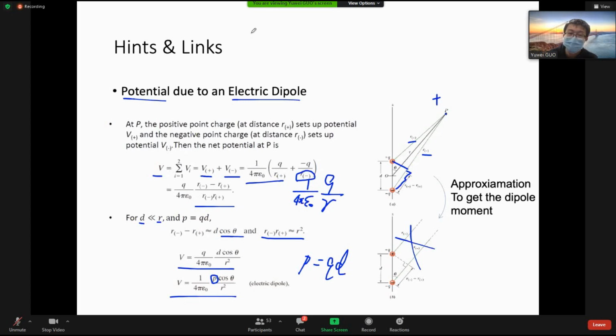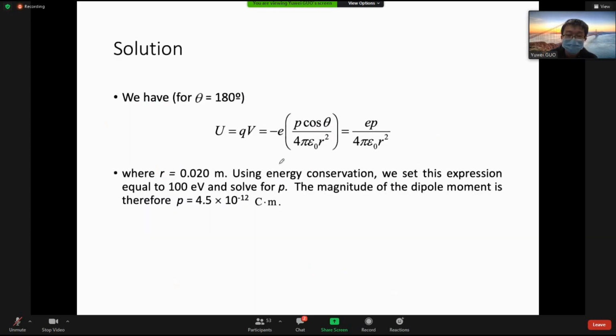Okay. So we know the energy at R equals 0.02 meter. All the energy is transferred into potential energy.